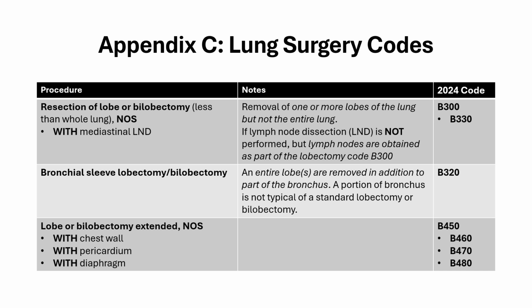So if you have a portion of the main stem bronchus removed with a lobectomy, be sure that you are coding this to bronchial sleeve B320. And then we have B450 through B480, and this is a lobe or bilobectomy that is extended, again, less than an entire lung. But if any of these other sites were removed with that, be sure that you are coding this accurately to show and reflect those additional sites being resected as well.